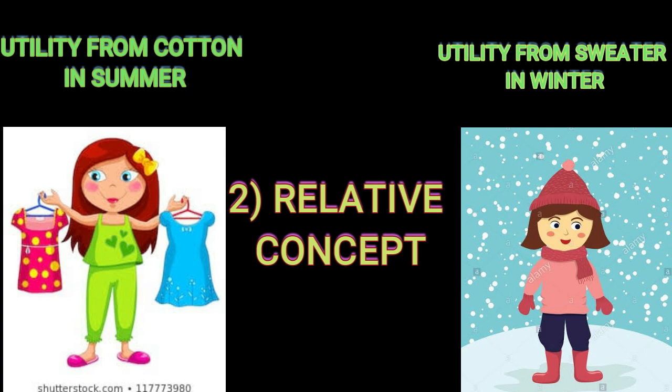You can also say that the utility of woolen clothes will be more in northern areas like Simla rather than southern areas such as Tamil Nadu. Thus, utility is said to be a relative concept.